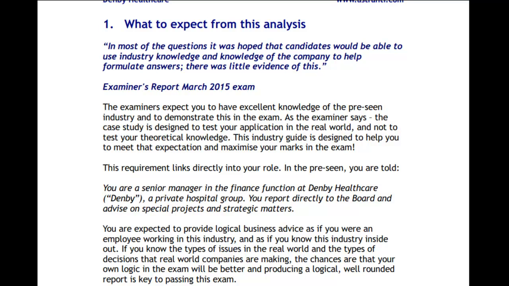You can see that in the pre-seen we're told that you're a senior manager in the finance function at Denby. So in order to succeed in your role, you're naturally going to need a good understanding of the company. But what you also need is a knowledge of the industry, the key trends and the issues that are impacting, in this case, on the healthcare sector as a whole, and then how that impacts on the company.